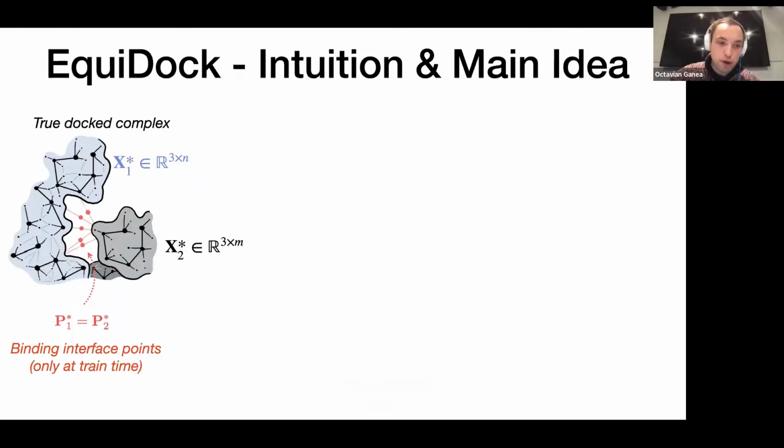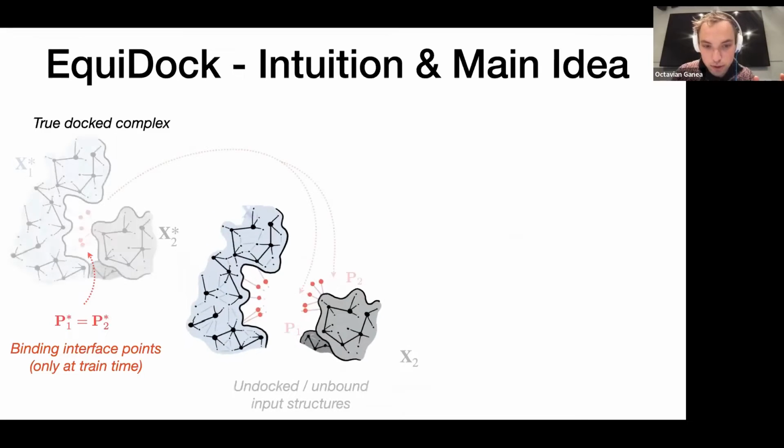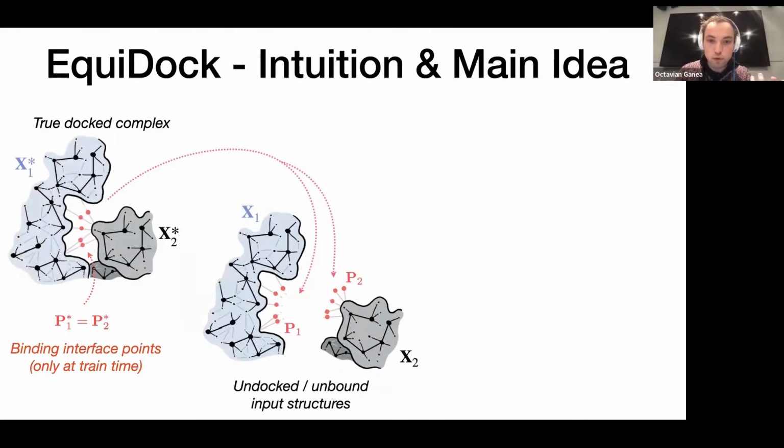Now, once we separate these two proteins out, we're going to have two sets, P1 and P2, and these are going to be the undocked or unbound input structures.